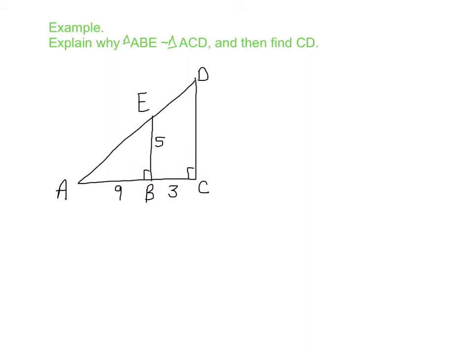So I can say that angle ABE is congruent to angle ACD, and the reason for this is the right angles theorem. This was one of our obvious theorems. It says that all right angles are congruent. That's easy enough. So we have two right angles and they're congruent by the right angles theorem.